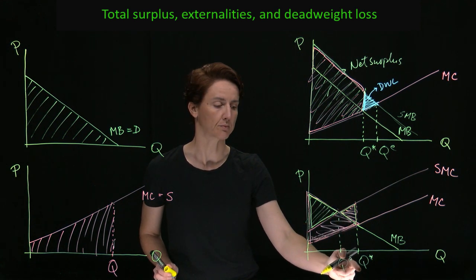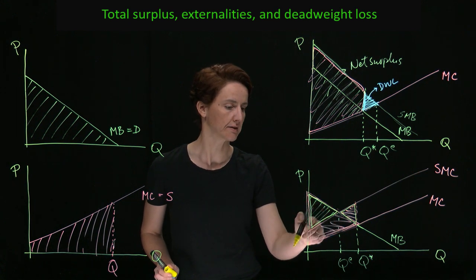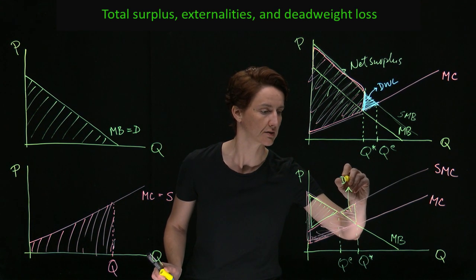If Q star units are being produced, the highest possible achievable total surplus is just this area, and that's if QE units are being produced. That means that this is now the deadweight loss.